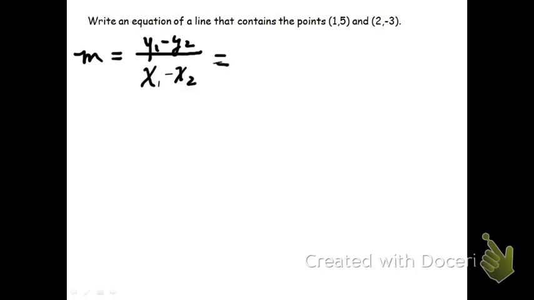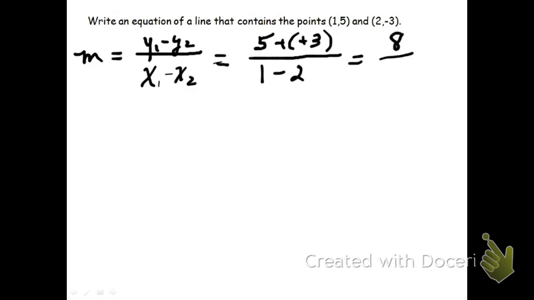With our 2 points, our y-coordinates are 5 and negative 3, so I have 5 take away a negative 3 over 1 take away 2. This double negative makes that plus 3, so I end up with 8. And 1 take away 2 is negative 1. So this simplifies to negative 8. There's my slope, negative 8.